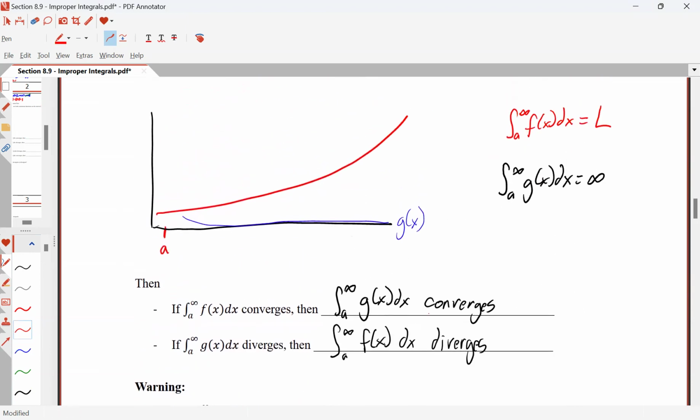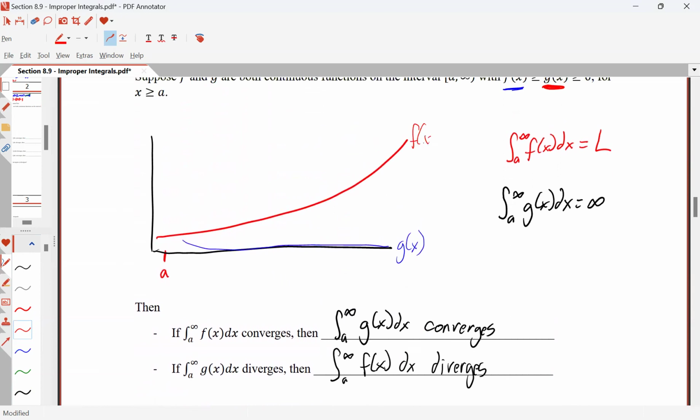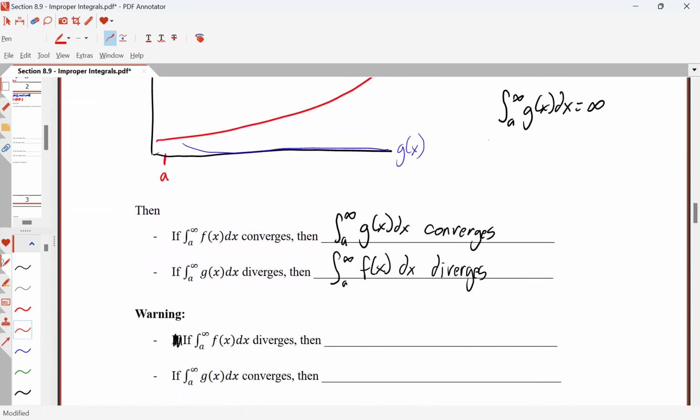Just because we know something about f of x does not mean I can say something about g of x. So if f of x diverges, then we know nothing about the integral of g of x without trying to evaluate that integral.